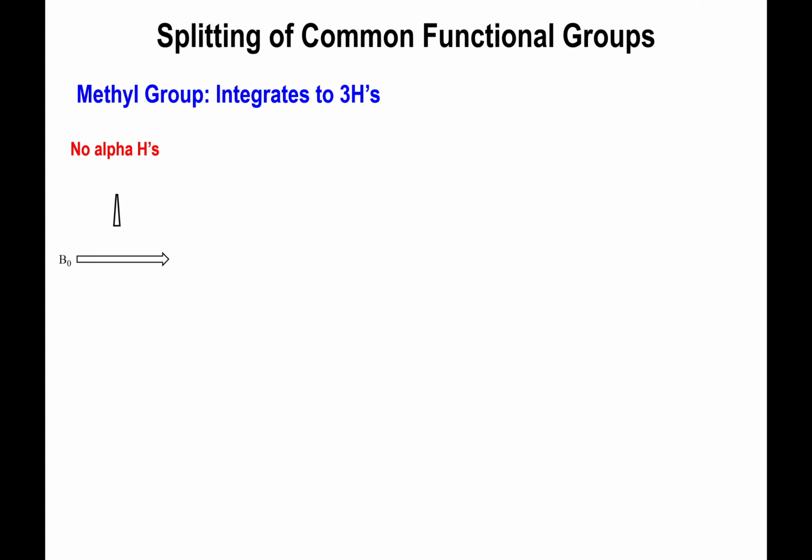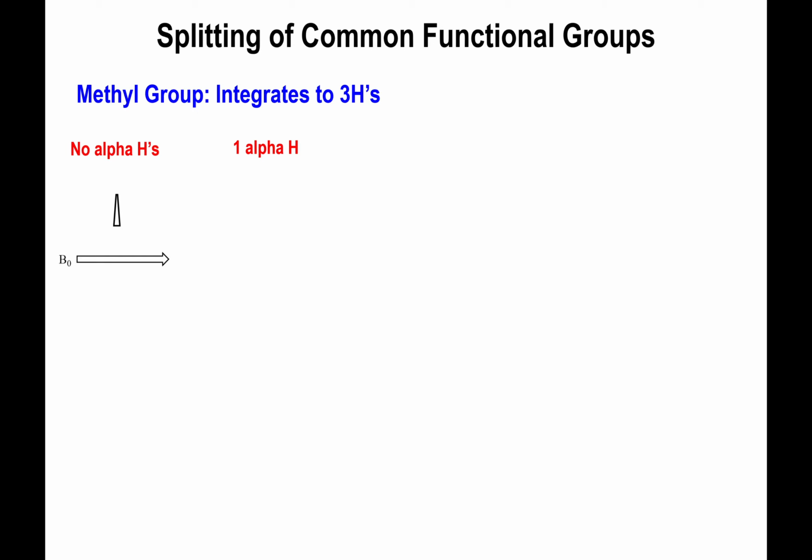So let's start by looking at a methyl group. Okay, so your typical CH3 group. If you are looking at the carbon next door to where this methyl is located, if that neighboring carbon doesn't contain any hydrogens of its own, then the methyl peak is simply going to appear as a singlet that will integrate to 3 hydrogens.